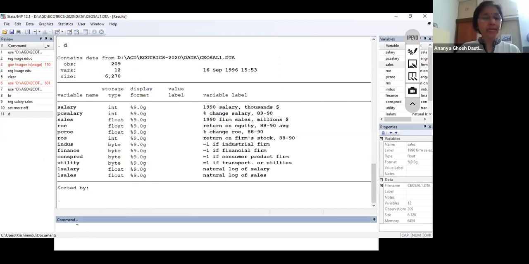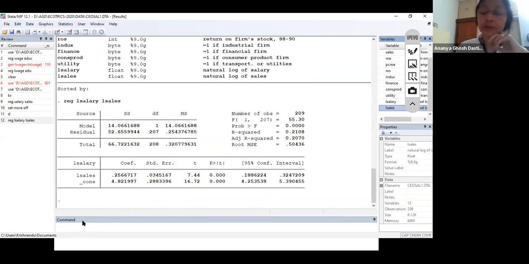Now let me run a log model. I will regress log of salary on log of sales. Both are in log form. Now look at my beta hat. As I said, focus on beta hat. This is 0.25. Now remember, in a log model, there is no need to do any multiplication or anything of that sort.